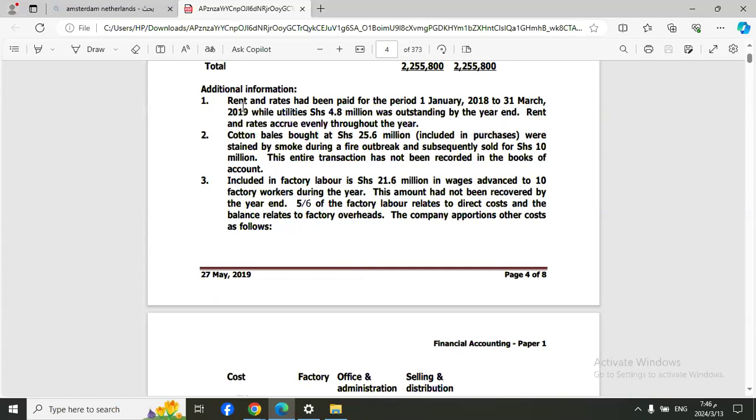We shall look at that when we reach rent, but at this time we own utilities. Utilities of 4.8 million was outstanding by the year end. So they say rent and utilities accrue throughout the year. So how do we go on to account for this?